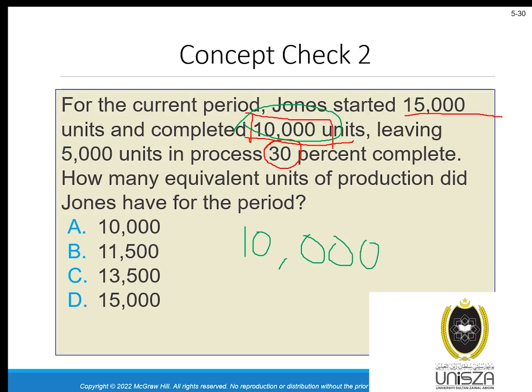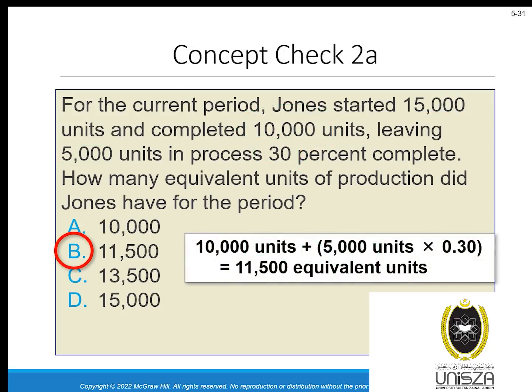How about the equivalent units here? For the equivalent units, it is the not completed units times this percentage. So we will get 11,500 equivalent units: 5,000 times 30% plus 10,000.